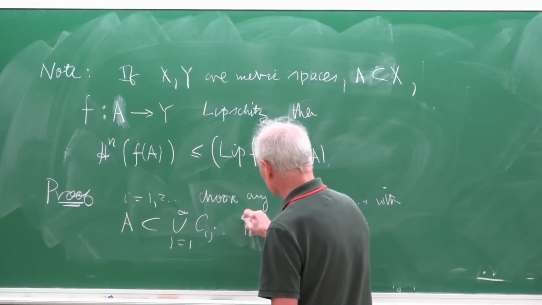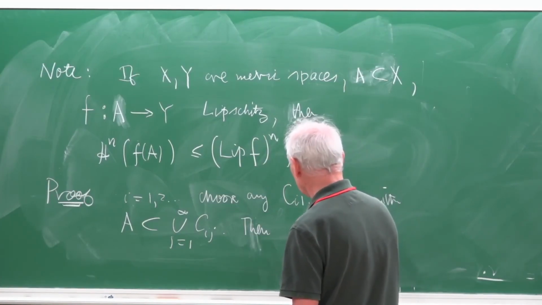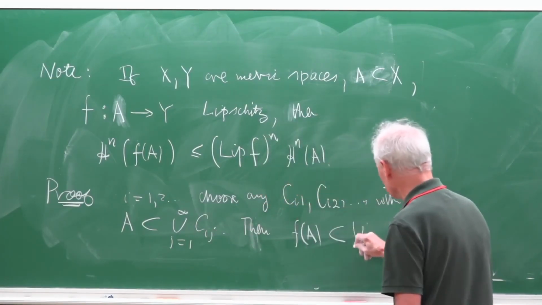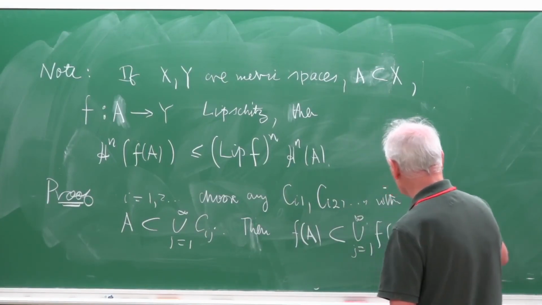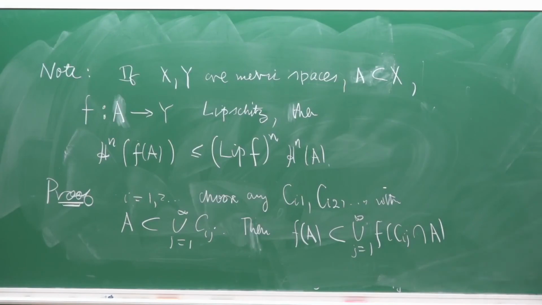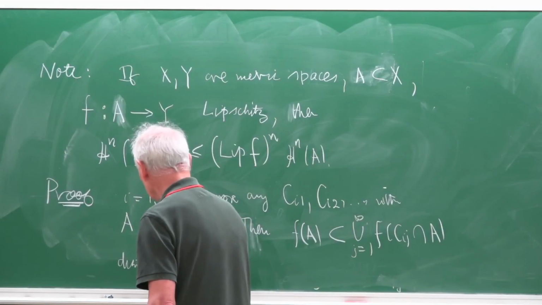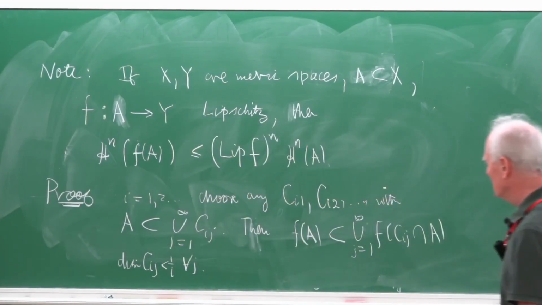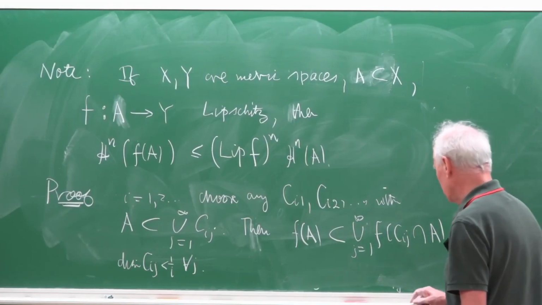Then F(A) is contained in the union of the images, right? So the union over j equals 1 to infinity of F(C_ij) intersect A. Oh, and I forgot to say diameter of C_ij less than 1 over i for every j. So I'm going to use the 1 over i approximation. So that's that.